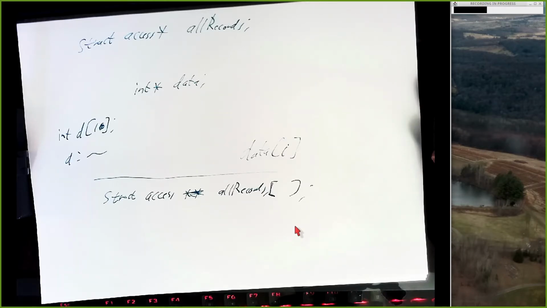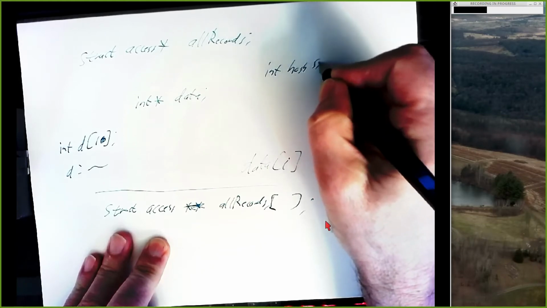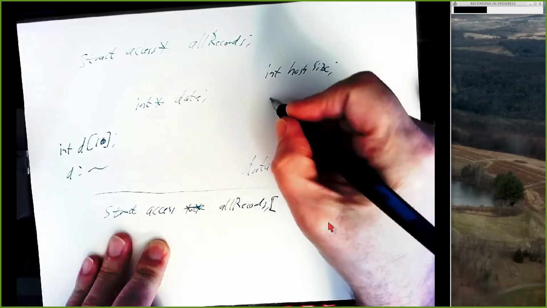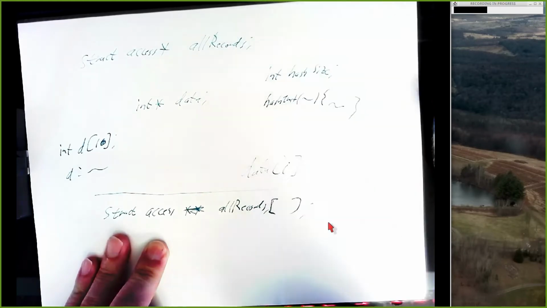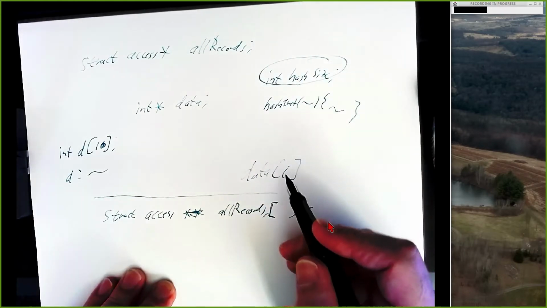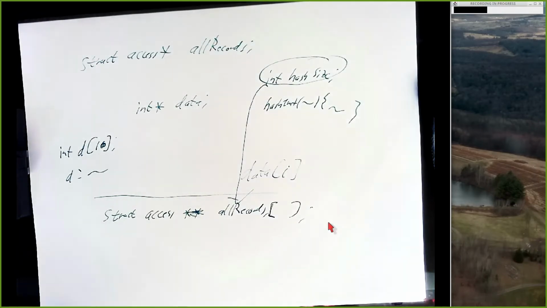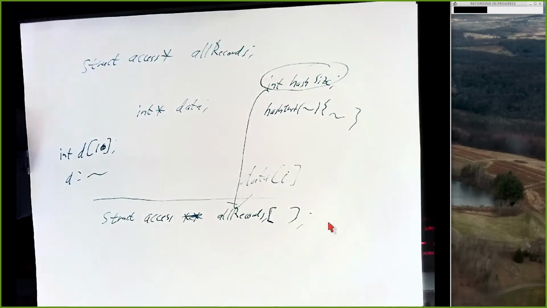But in your hash.c, for example, or whatever file you're writing your hash functions in, you would declare integer hash size. And then you could start your functions and list them after. Putting this outside of any functions makes it global within that file from that point on down. And so all the functions you write after that have access to that variable. And so for the hash table, that's the place to put it.